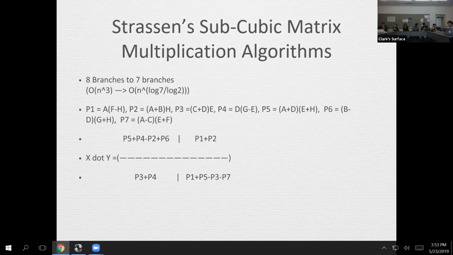For example, there's 16. Then together, do this times this, plus this times this, plus this times this, plus this times this to get this one. And do it recursively to get all of them.